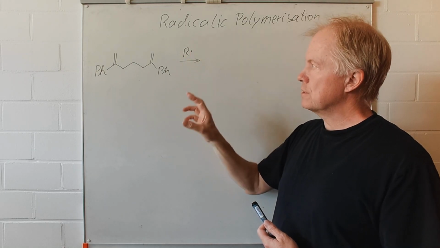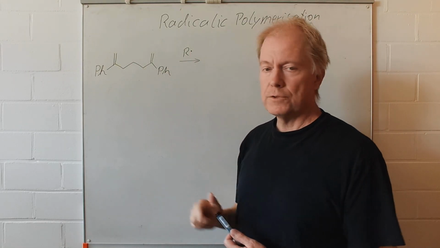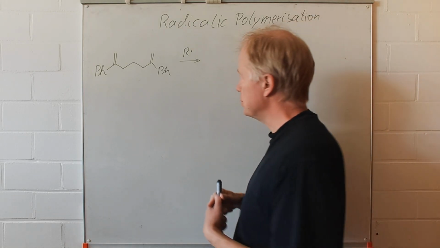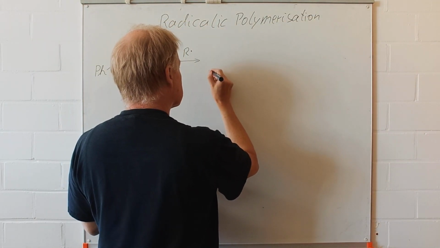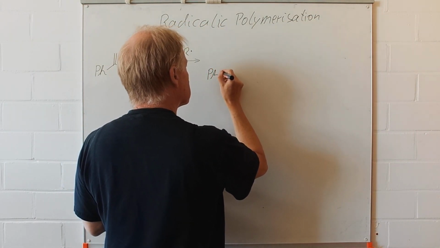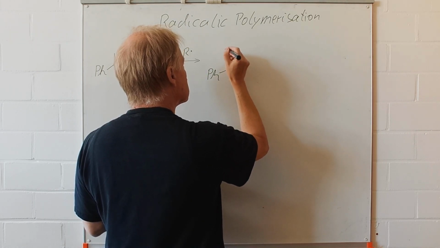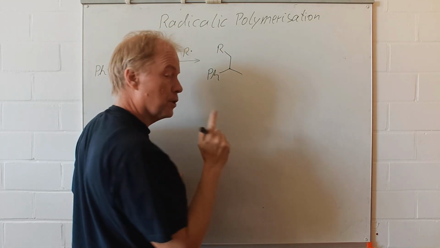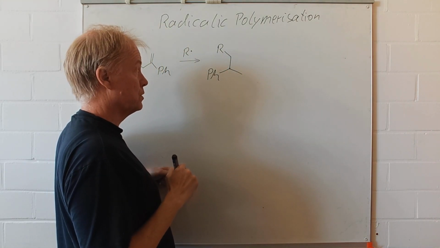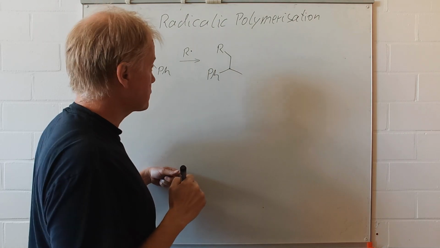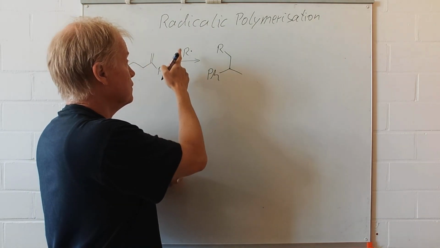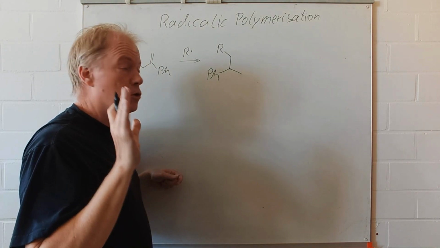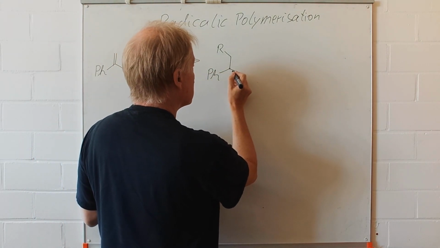And this radical will react with one of the two styrene moieties. But only with one of the moieties, because we have the R radical always in low concentration.